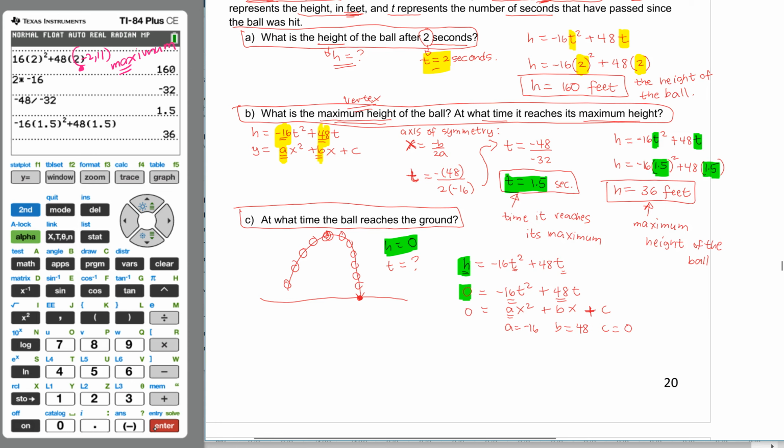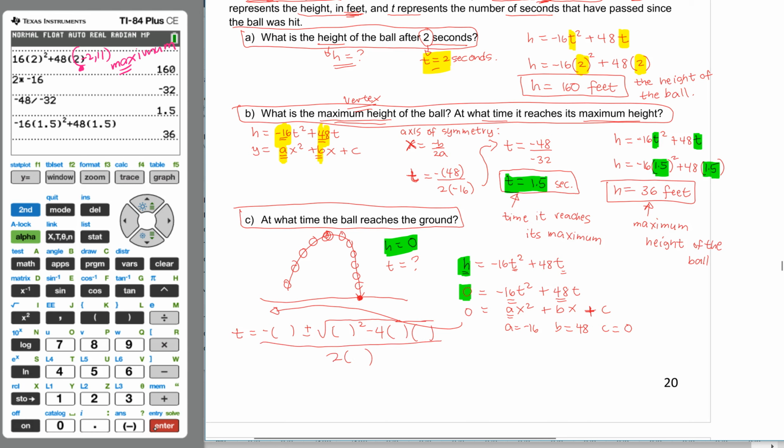We are now solving for t. I will just write the formula here. We're not using x this time, so you have t. So t equals negative b plus minus square root of b squared minus 4 times a times c, divided by 2a.